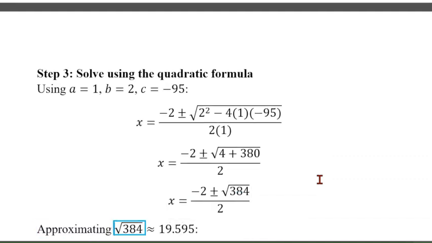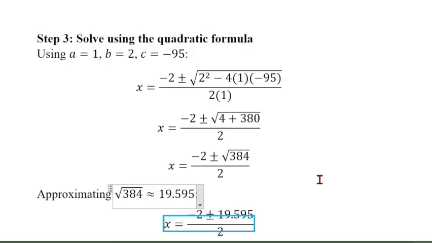Approximating, square root of 384 is almost equal to 19.595. x equals minus 2 plus or minus 19.595, over 2.